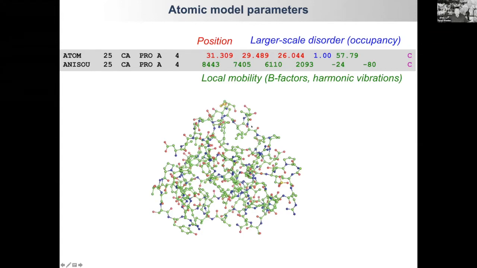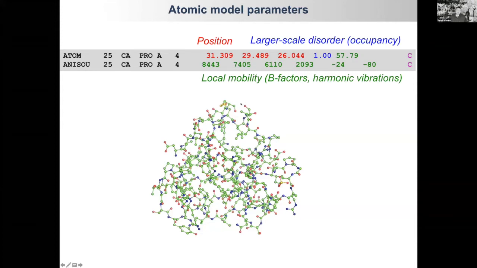These are atoms, and each atom in the models that we use is described by its position, its coordinates in a Cartesian framework, and that's a snapshot, a copy of the atom representation in a PDB file. So the coordinates and the uncertainty in the coordinates.